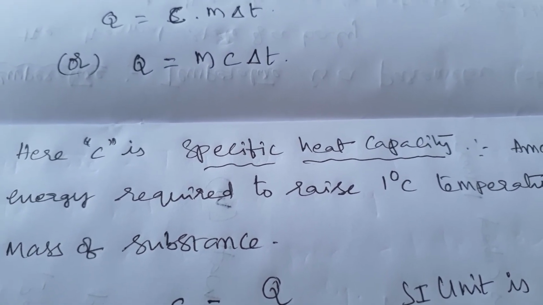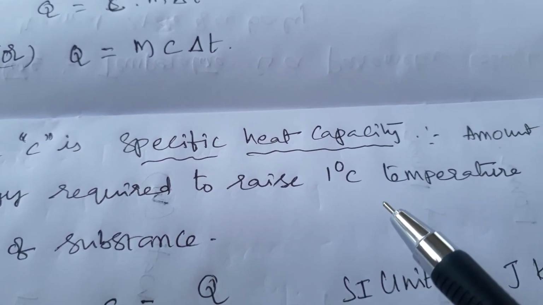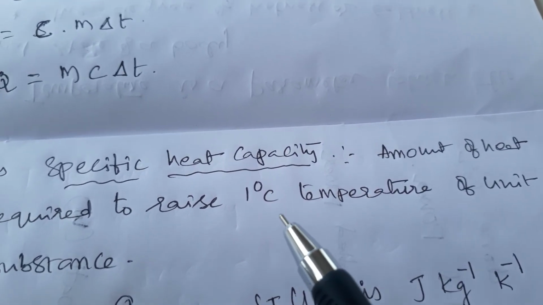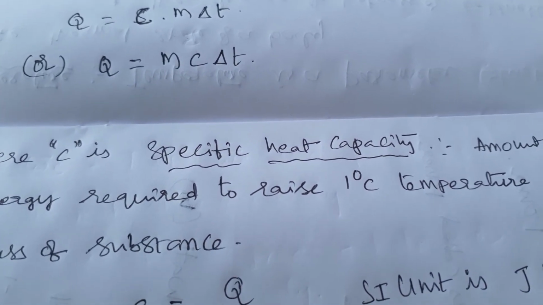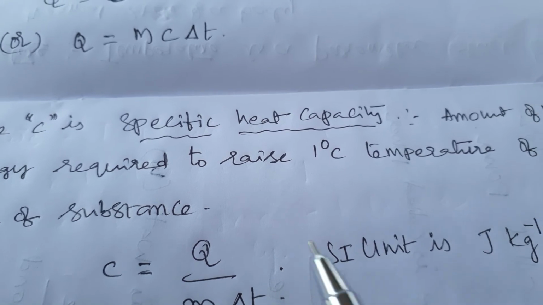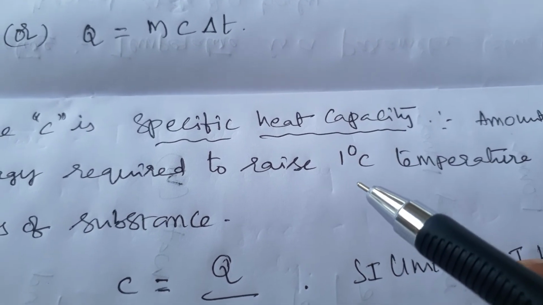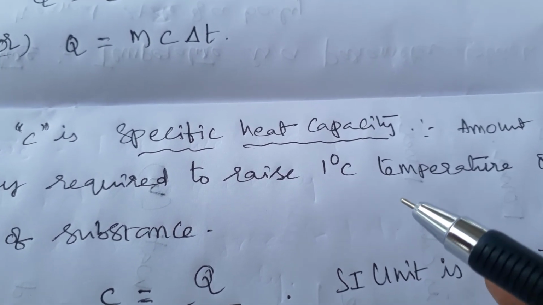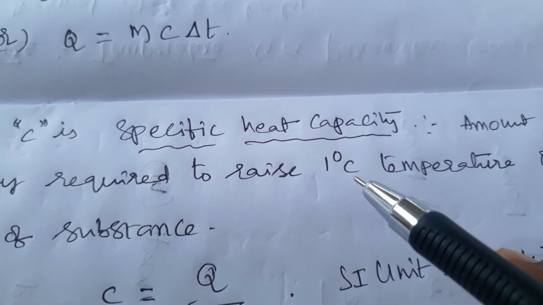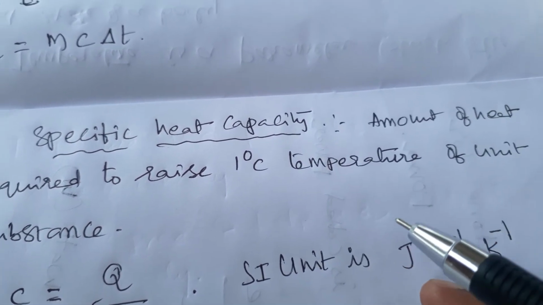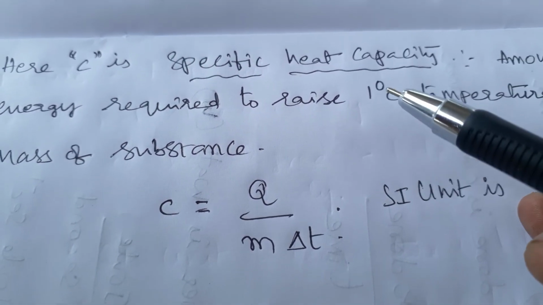So the heat energy required to increase the temperature of unit mass, 1 kg or 1 gram, by 1 degree Celsius is called specific heat.